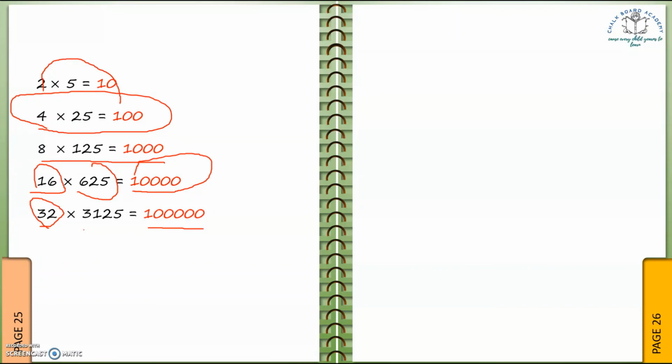So we have to check the power: if we have multiples of 2, like 4, 8, 16, we check how many 2s are there. And if we have multiples of 5, then again we check the number of times they are multiplied, and exactly the same number of times we multiply the opposite number. In case of 2, we will multiply 5, and in case of 5, we will multiply 2.